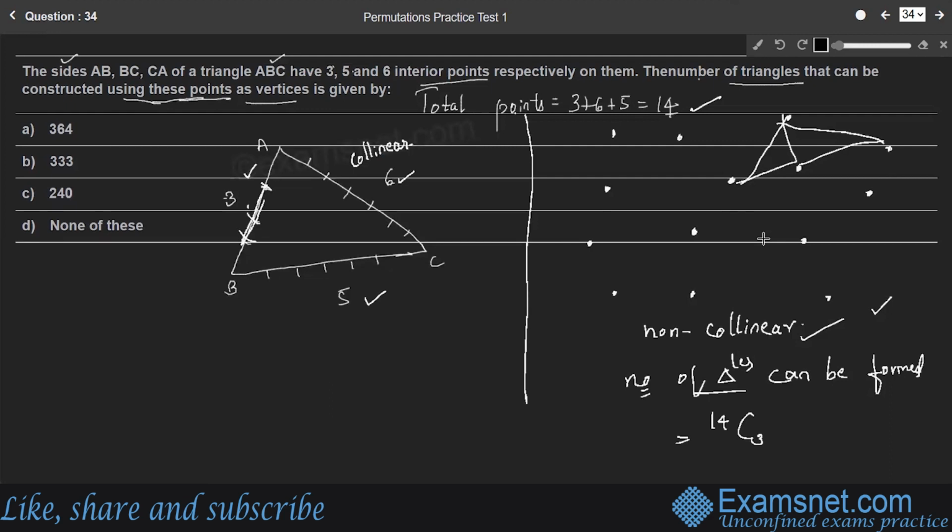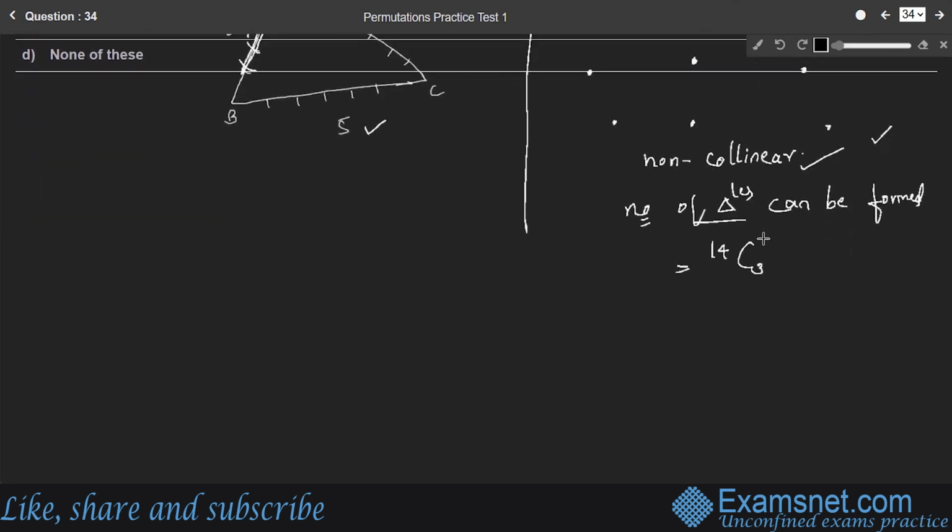Therefore, first let us consider the number of triangles that can be formed with non-collinear points, which is 14C3. 14C3 is nothing but 14 factorial divided by 3 factorial into 14 minus 3 factorial. We are using the formula n factorial divided by r factorial into n minus r factorial, right?